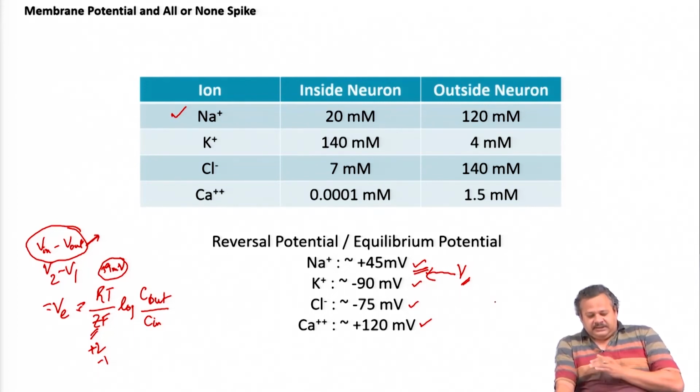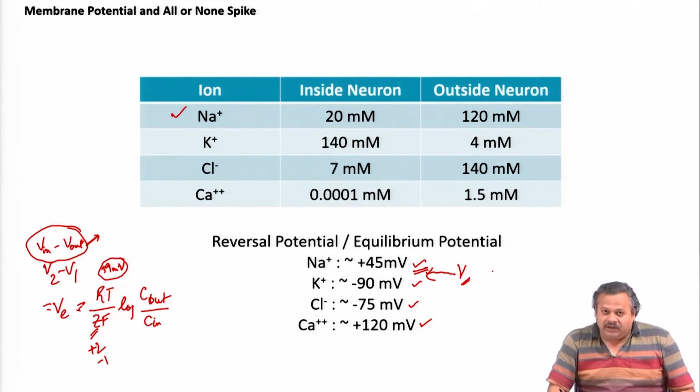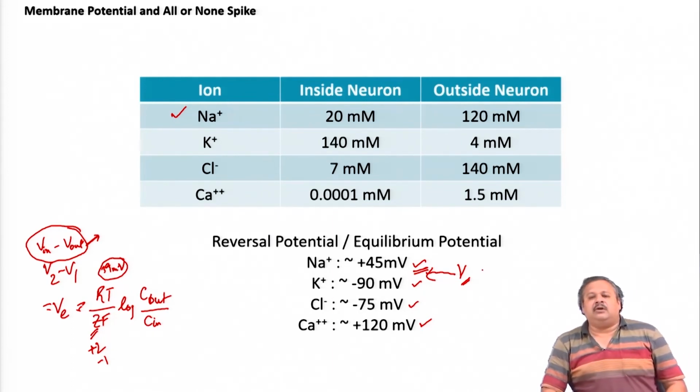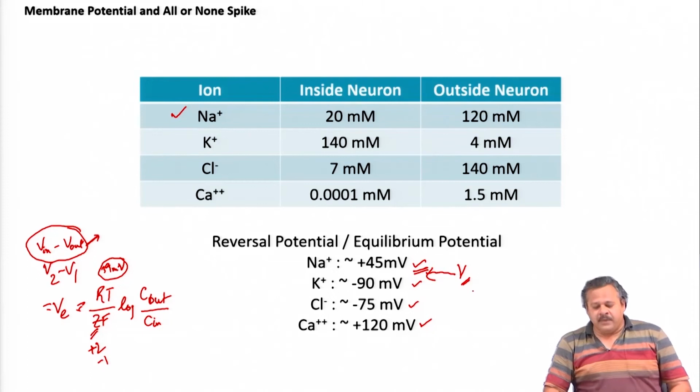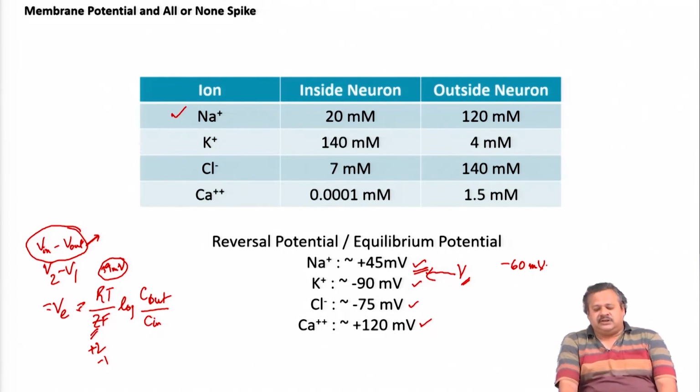So, let us take a step back. We have said that there is a resting membrane potential, and so that means that at equilibrium, that is when the neuron is left undisturbed, the membrane potential stays around -60 millivolts. This can vary from neuron to neuron and based on state, but it is approximately around this value.